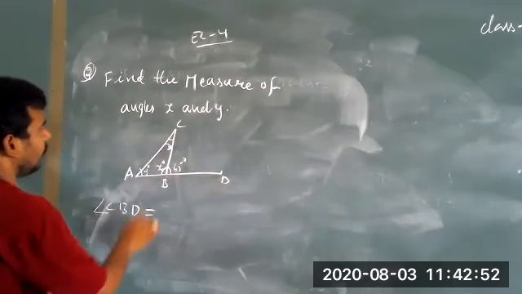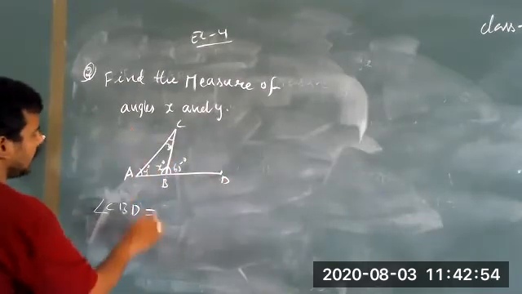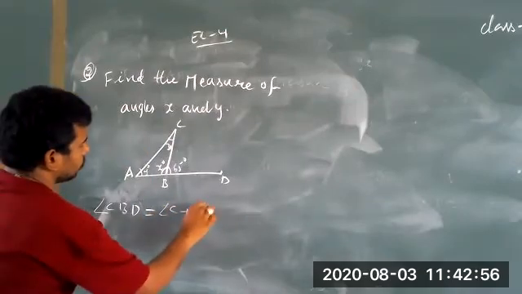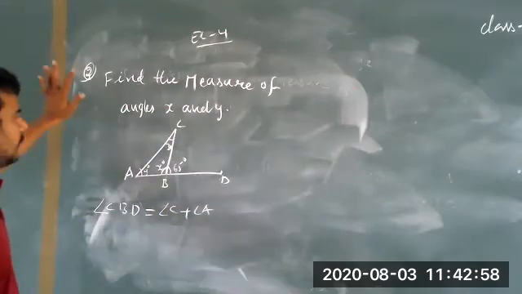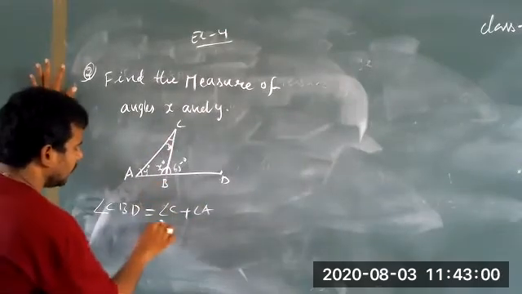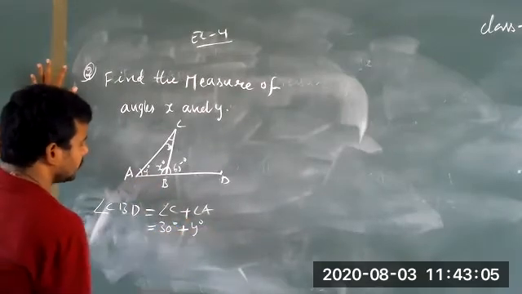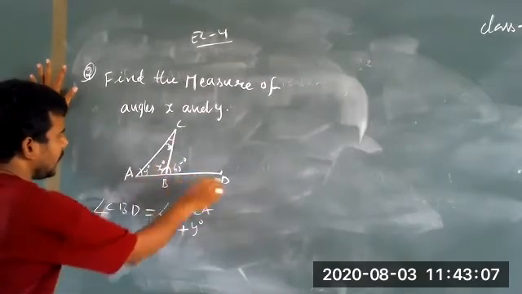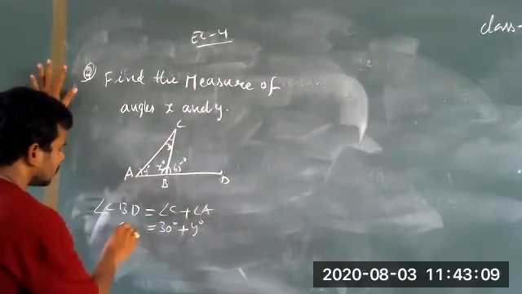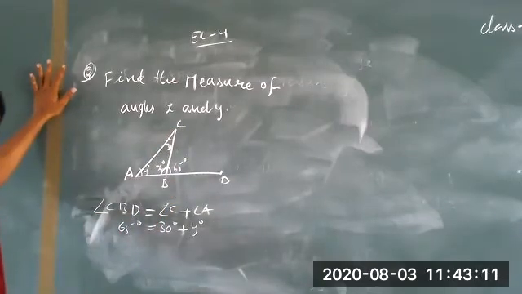That is why angle CBD is equal to angle C plus angle A. Angle C is 30 degrees, plus angle A, y degrees. But angle CBD, the exterior angle, is given as 65 degrees. Clear, children?